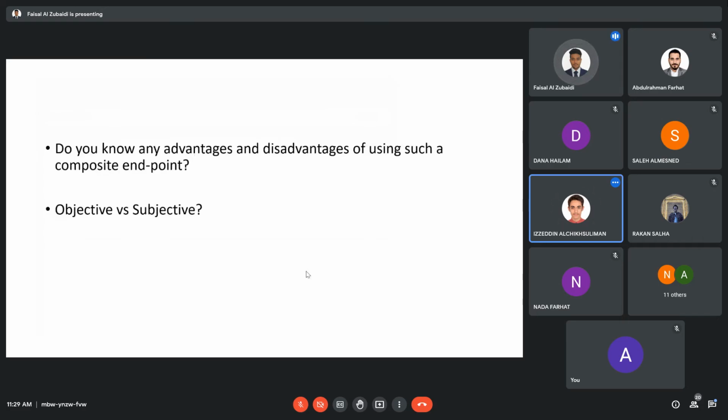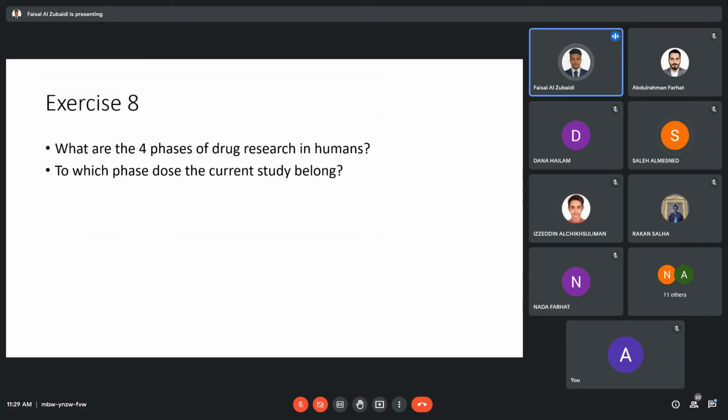Nice. Okay, now for exercise 8, who wants to participate? I can. Abdul Waris, can you please be with me in this exercise? Yes. Okay, so for exercise 8, what are the 4 phases of research in humans? Do you know them? It's mentioned in the lecture by Dr. Najm.